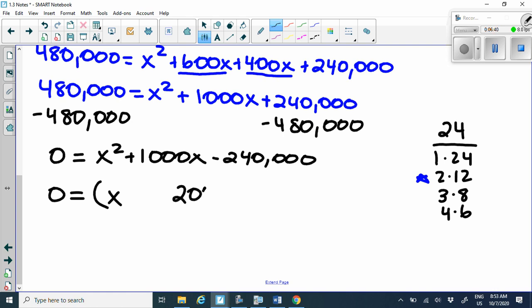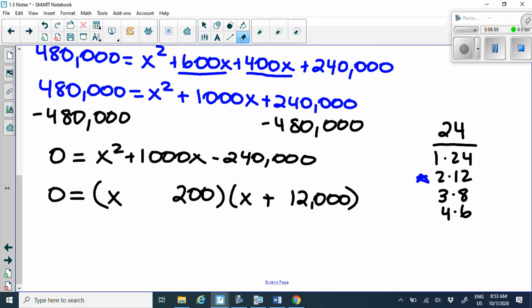So it's really going to be 200, and then 1,200. If ever you have zeros, just get rid of them, and it helps out a little bit there. So a positive 1,200 and a negative 200. We do 1,200 minus 200, that gives us 1,000. And if we do negative 200 times positive 1,200, that's going to give us 240,000.